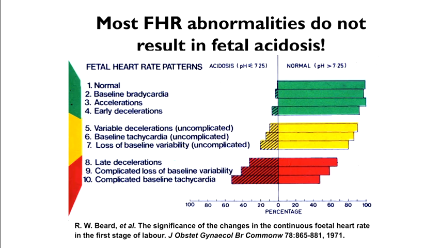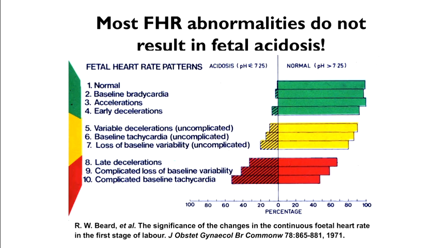But each of these fetal heart rate patterns was then associated with how many of the babies with these abnormalities had acidosis. The percentage on the x-axis is the percent of those who had acidosis, a pH less than 7.25, versus those that were normal with a pH above 7.25.